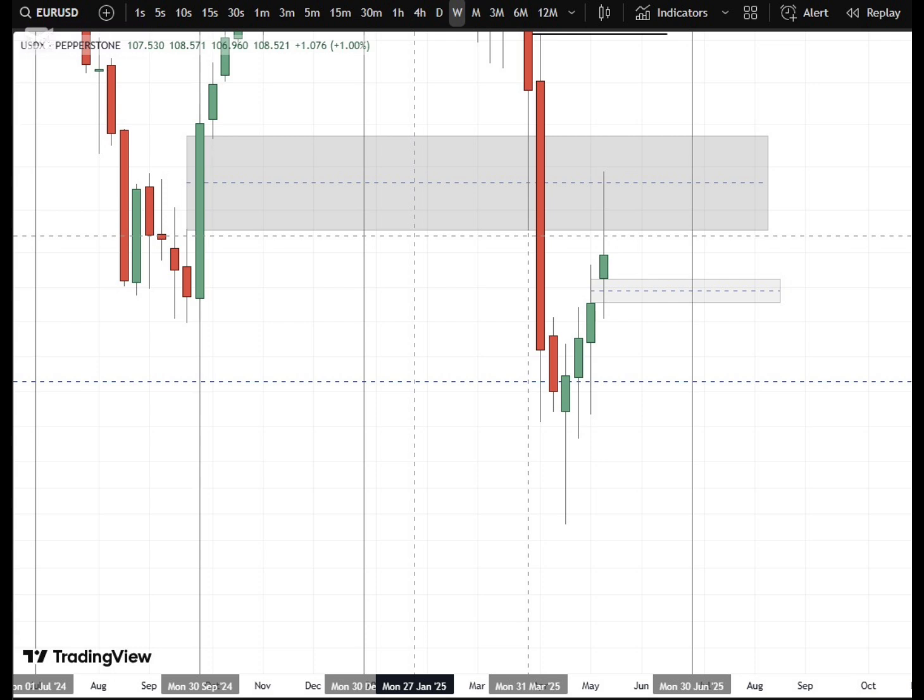Now this one is a weekly time frame. You can see an imbalance has been formed in that weekly time frame, and of course we are noting some inversion fair value gap, the big fair value gap which has overlapped these bearish candles.